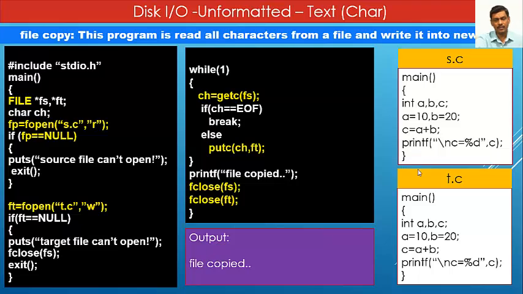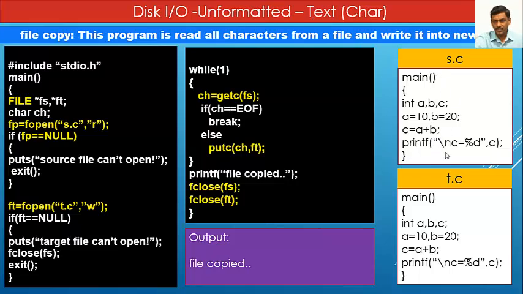So that character is an end of file marking in text mode only. Binary mode differs from text mode. We will discuss the difference between binary mode and text mode in the next slides.